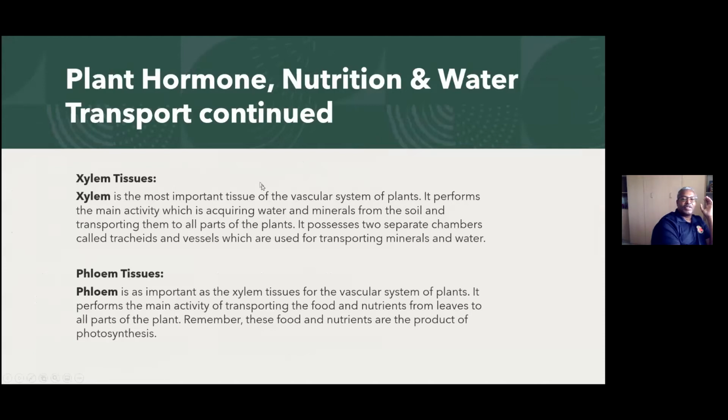The tissue of the xylem is the acquisition of water and minerals from the soil and transporting them to all parts. It possesses two separate chambers, tracheids and vessels, which are used for transporting minerals and water. The phloem, once again, is another vessel that flows downward.